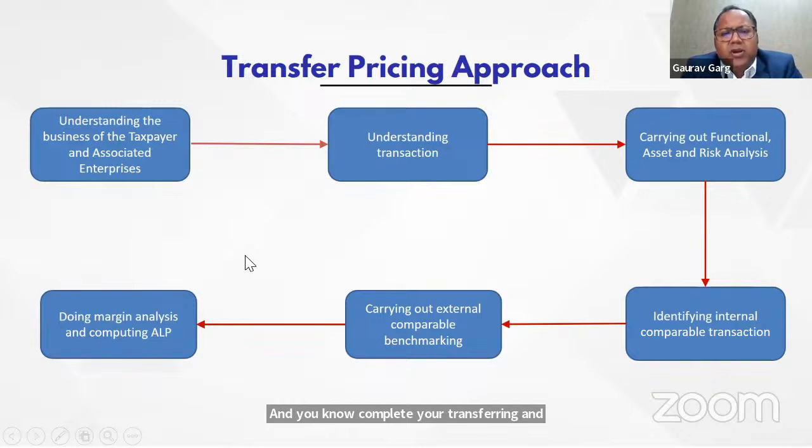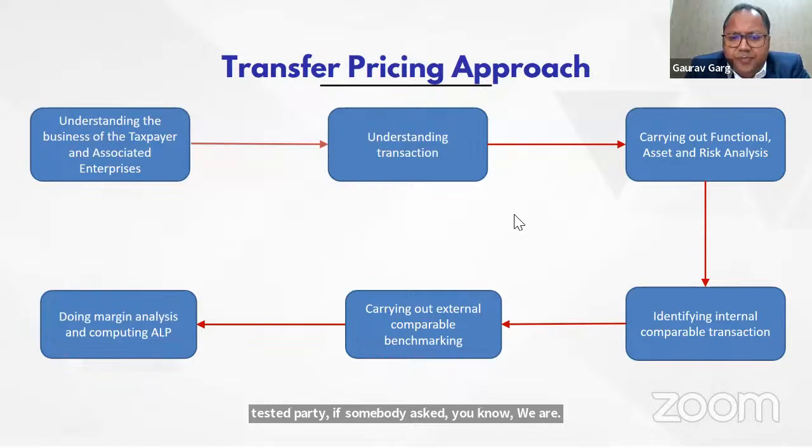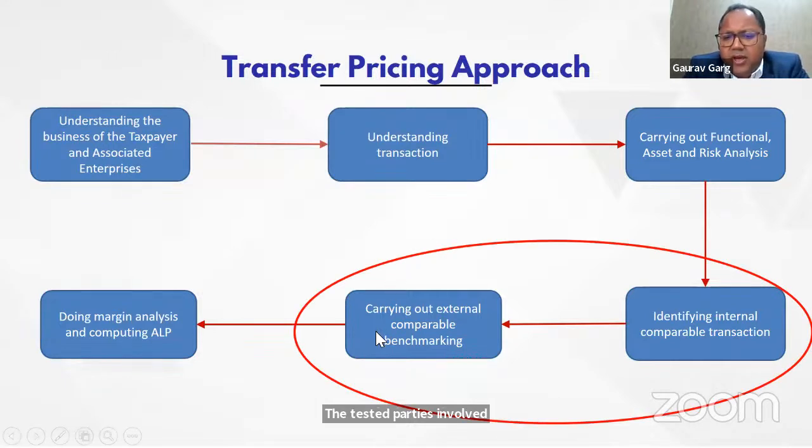Yes, it needs a lot of documentation, but with regard to tested party, if somebody asks where the tested party is involved, then when we are benchmarking, when we are identifying the comparables, maybe internal or maybe external, at that time we need to decide which entity in a transaction needs to be tested. And I personally feel that instead of saying needs to be tested, one can say which party can be tested.